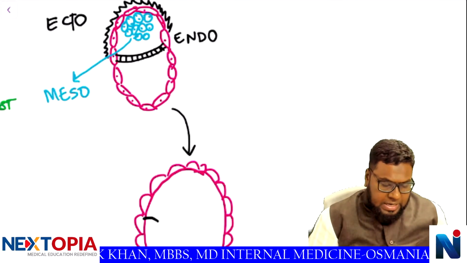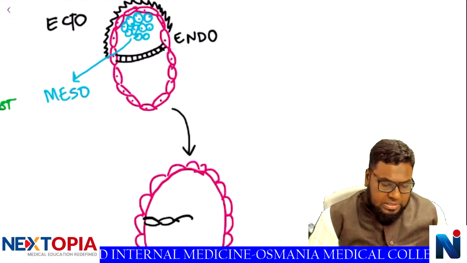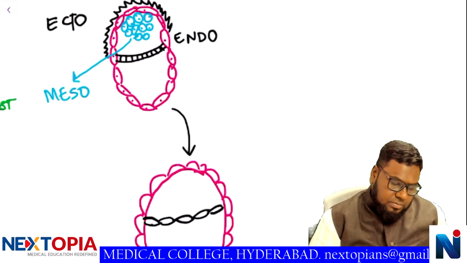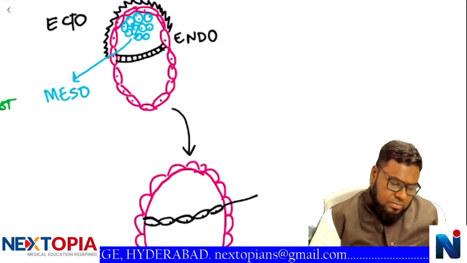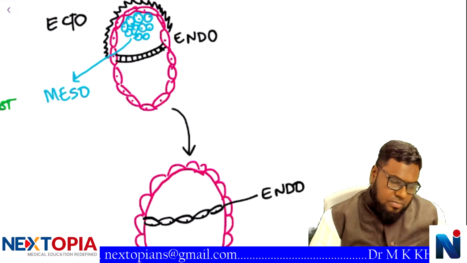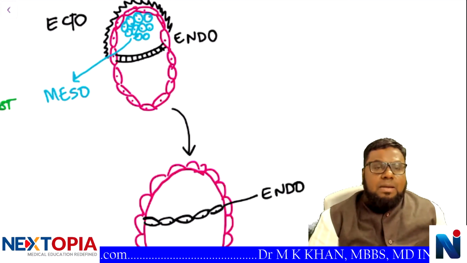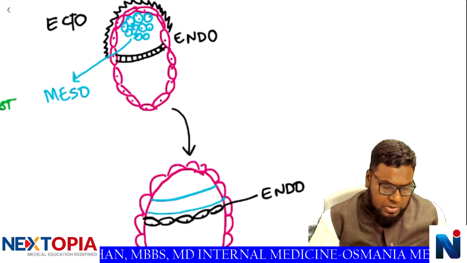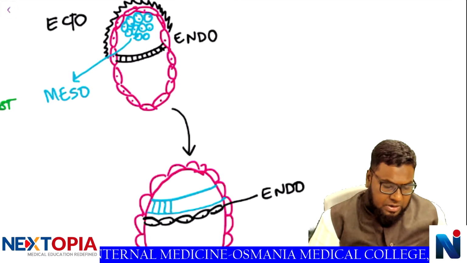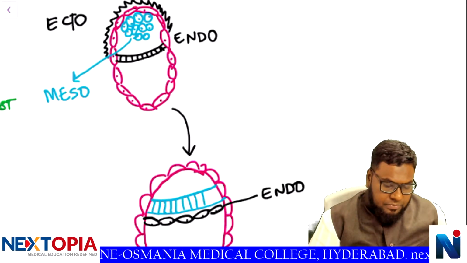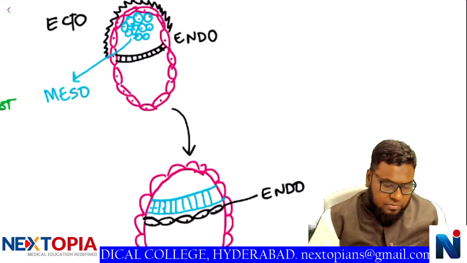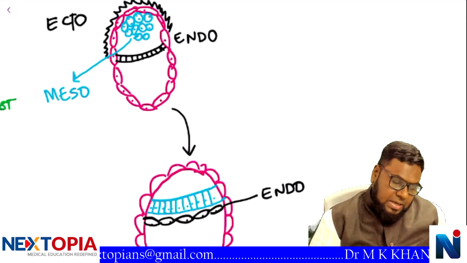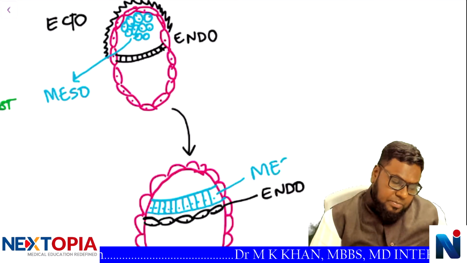This is the endodermal layer, and this is the inner cell mass which is forming the mesoderm. Previously clump of cells were there, is it not? Now they reorganize into layers of columnar cells like this, with basal nuclei. So you're calling it as a mesoderm.